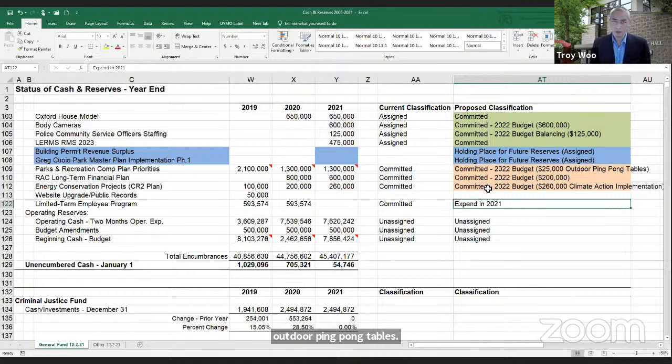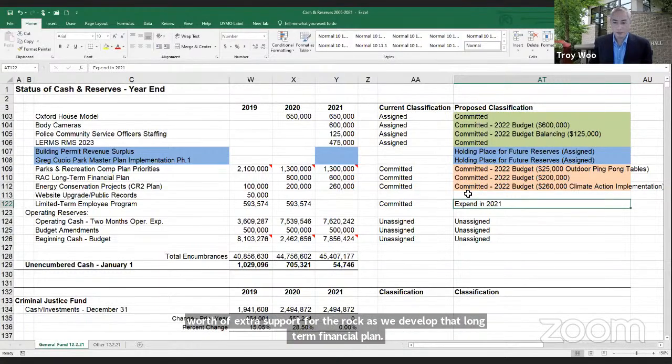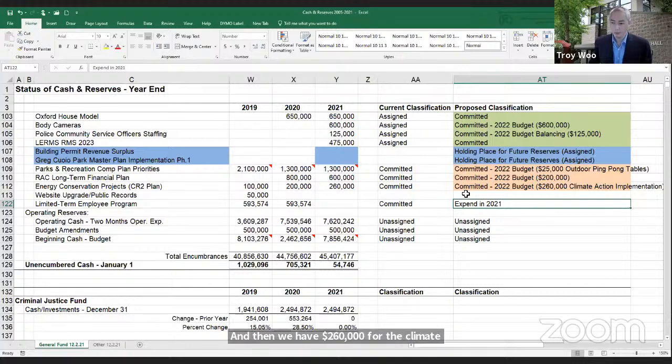So last year, I think it was last year, maybe it was the year before, or late in 2019 or 20, the council committed $800,000 for 4 years' worth of extra support for the RAC as we develop that long-term financial plan. And then we have $260,000 for the climate action implementation in 2022.